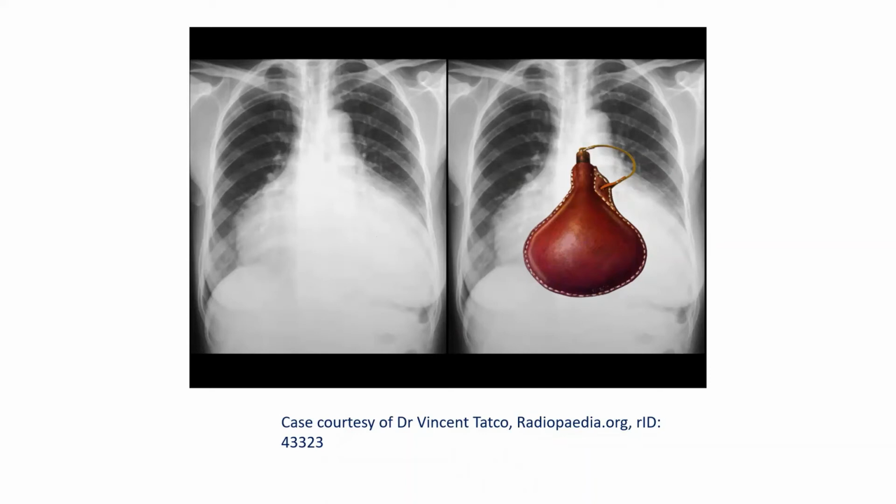You might suspect it, yes, and that might hasten your way towards doing echo and so on, but you can never be categorical from the chest X-ray, never at all. But usually speaking, if the heart takes this morphology, we need to suspect pericardial effusion.